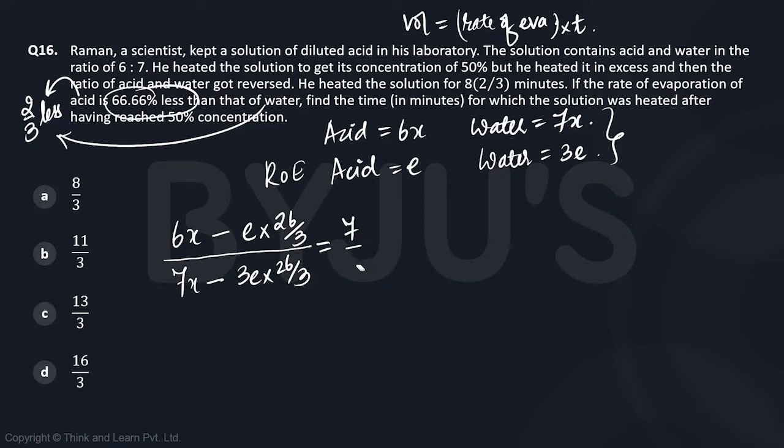Of course, we have two variables and just one equation so far. We won't be able to figure out what x or E is, but we can definitely figure out the relation between them. So for that, we will have to cross multiply.